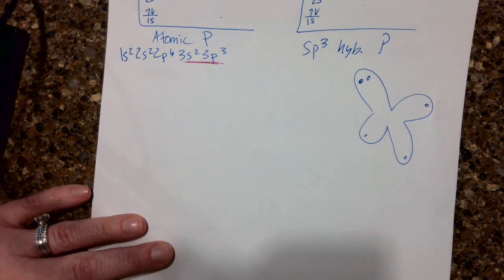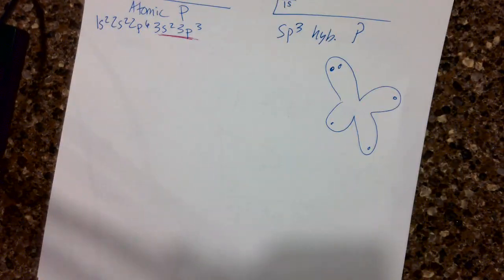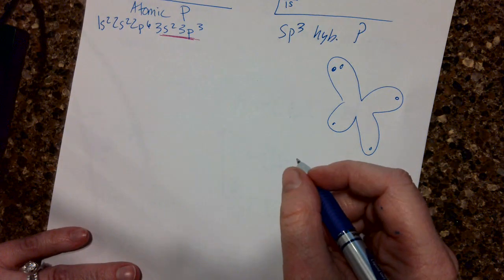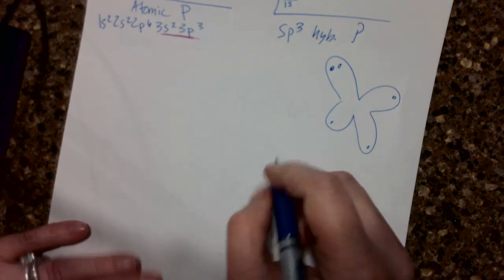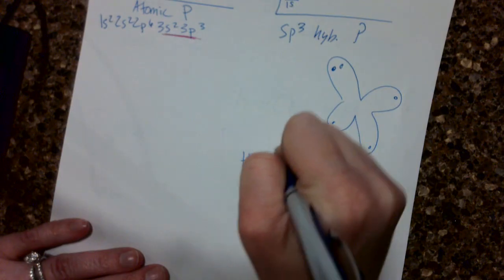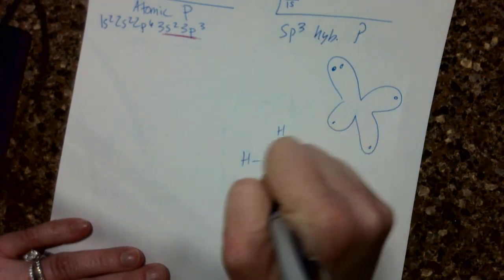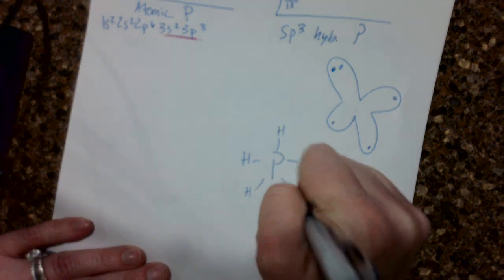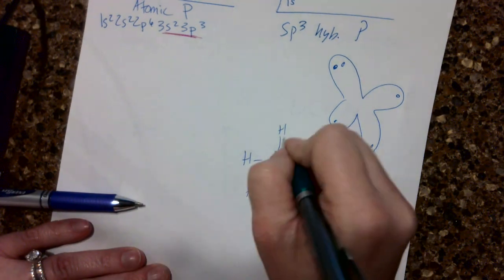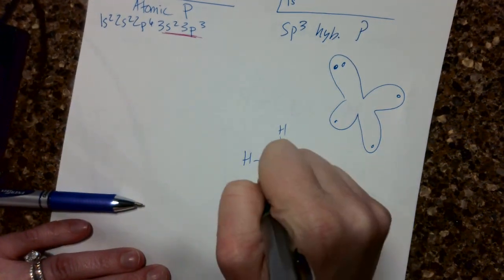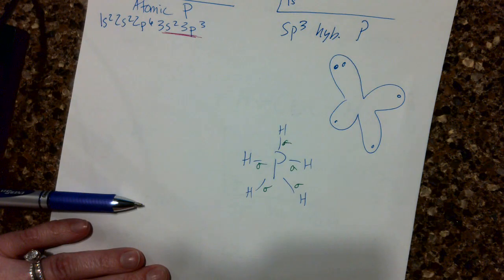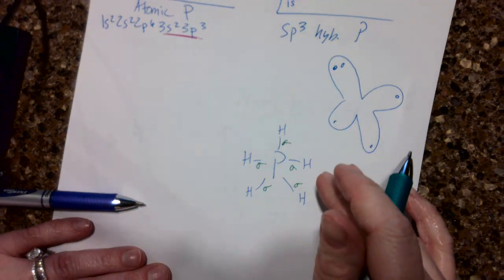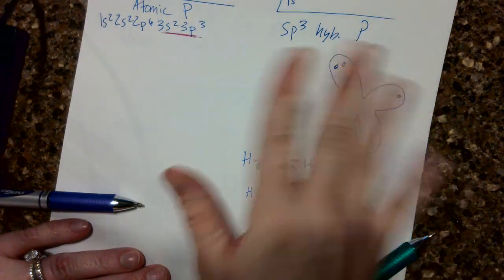So let's say that we had phosphorus pentahydride. 5 subs. I need 5 hybrids.